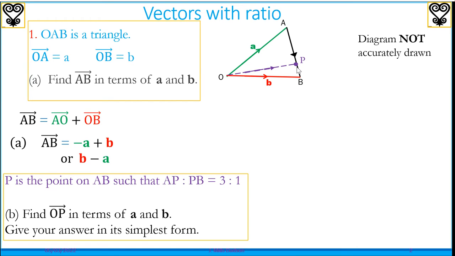Now, what we need to understand is that this AB is divided into 4 parts, and AP is 3 parts, and BP is 1 part. So, we must first understand which direction we want to move before we think of the calculation. So, I'm going to choose to go OA and AP first.